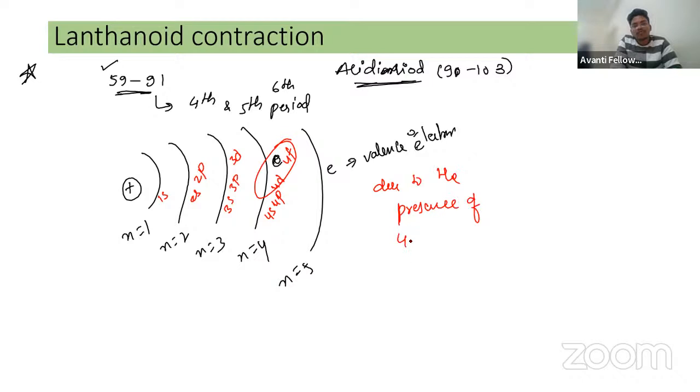Due to the presence of 4f and 4d electrons, if you look at the nucleus, all the s electrons are very good shielders. P electrons can also shield, but the major problem with d electrons is they are widely spread, and the same goes for f electrons.